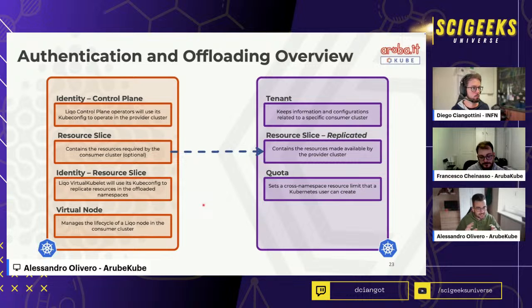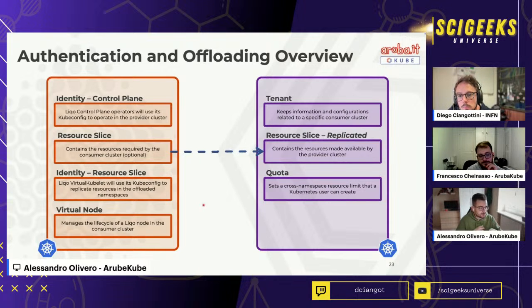Then we have the resource slice, which is the resource that the consumer cluster needs to create in order to consume resources from the other cluster. So here we can ask for the resources that we want to use, and the provider cluster will provide us the resources we requested, or default them with different values.